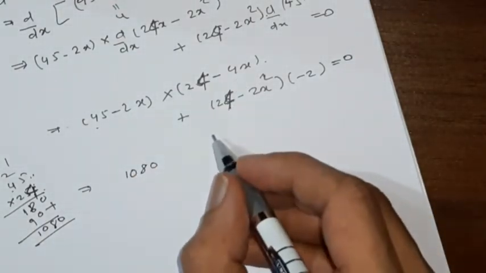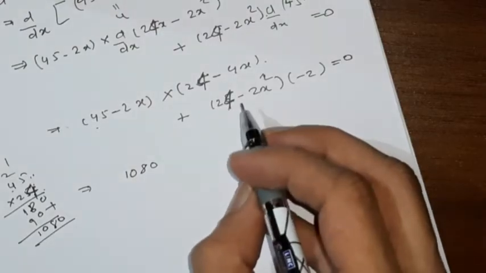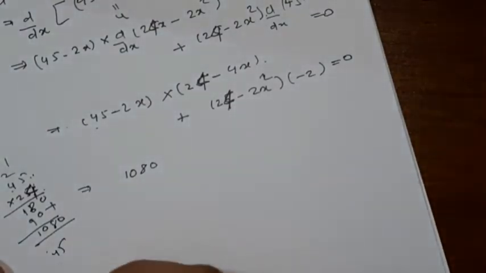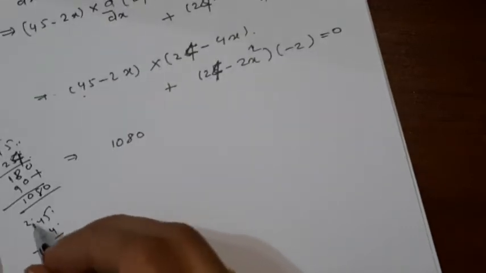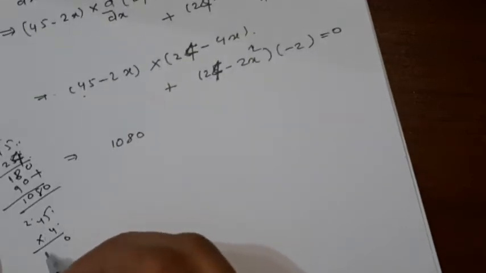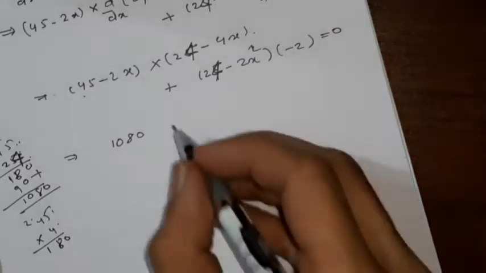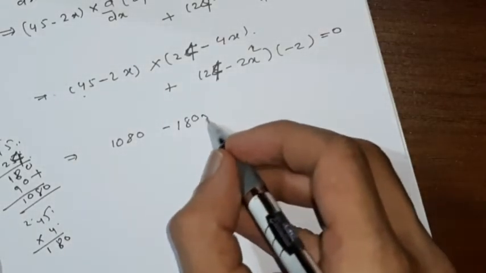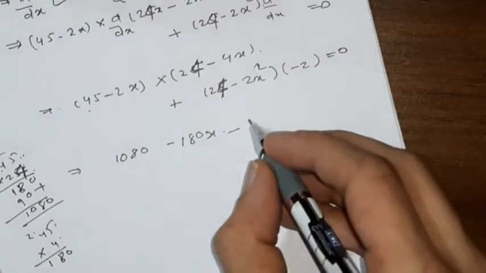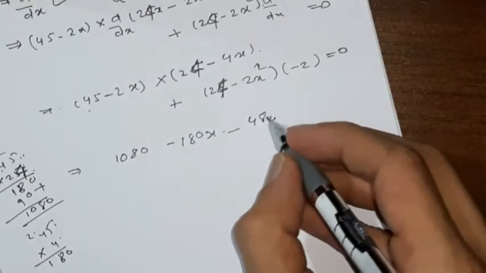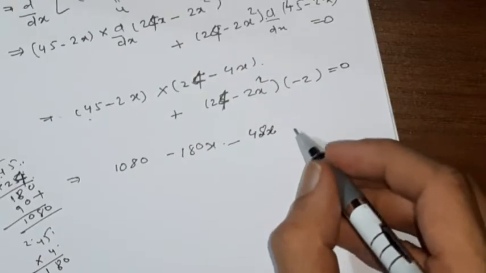Then 45 multiplied by minus 4 will be what? 5 multiplied by 4 is 20, 4 multiplied by 4 is 16 plus 2 is 18, so 180, so minus 180x. Then minus 2 multiplied by 24 is 48x, right?